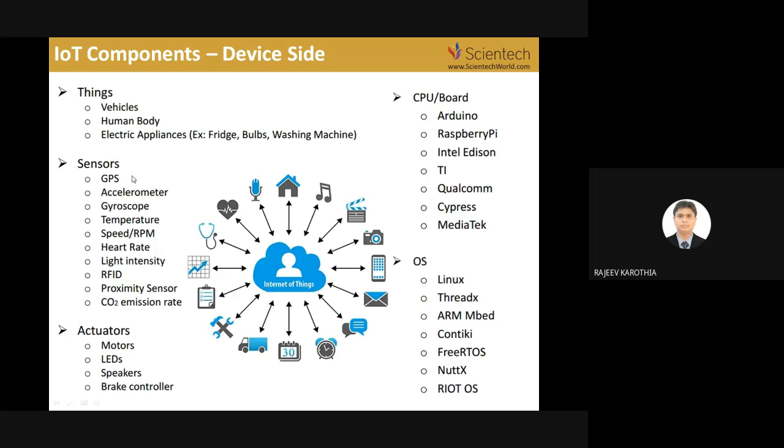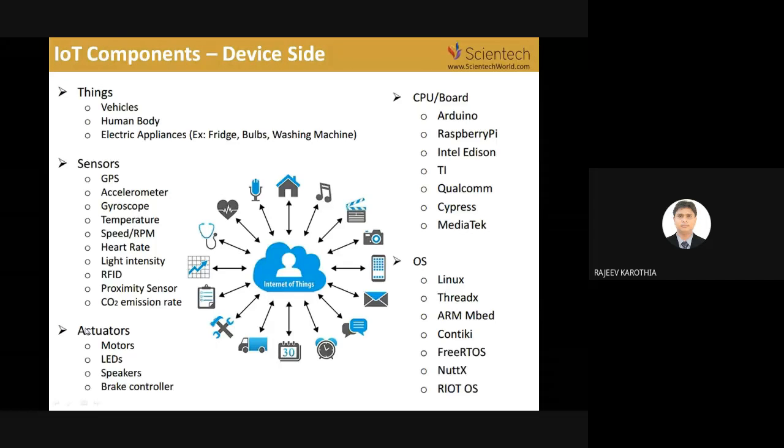Second component is your sensor. Sensors like GPS, accelerometer, gyrometer, temperature. In a bulb, you can put a proximity sensor or PIR sensor, so you can detect the presence or entrance of any person in the room using your bulb. So sensor is an important second component of IoT.